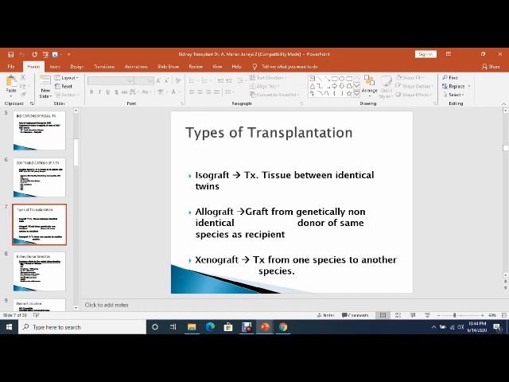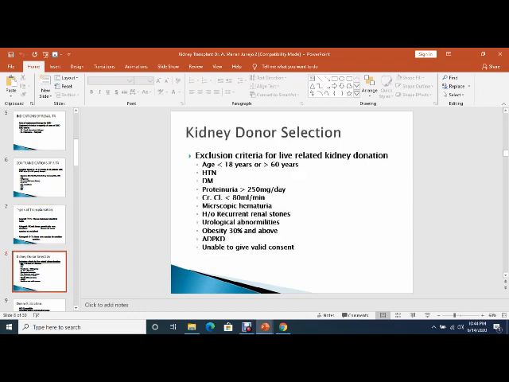Allograft: a graft from a genetically non-identical donor of the same species as the recipient is called an allograft. Xenograft: transplantation from one species to another, like from animals to other species, is called a xenograft.